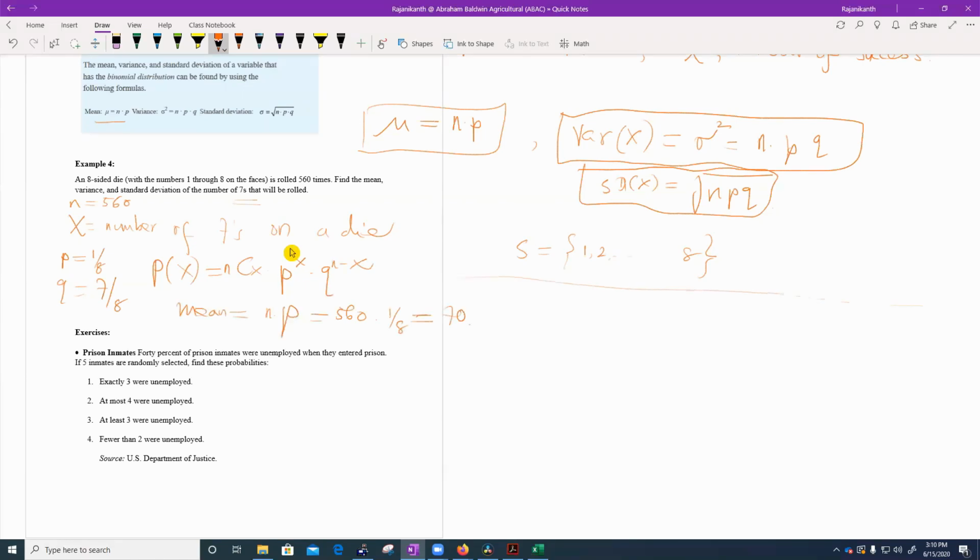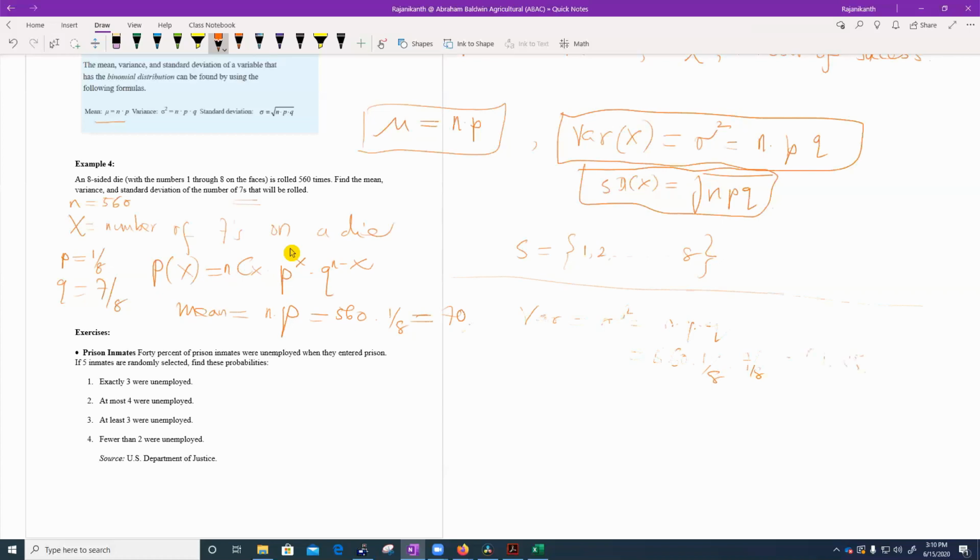Okay. Next, the variance. The formula says that variance is simply n times p times q. So n is 560, p is 1 over 8, times q is 7 over 8. Simplify this. So my 2 decimal place answer is 61.25.